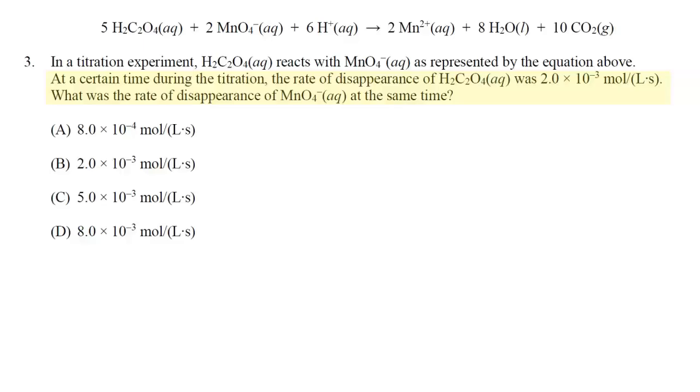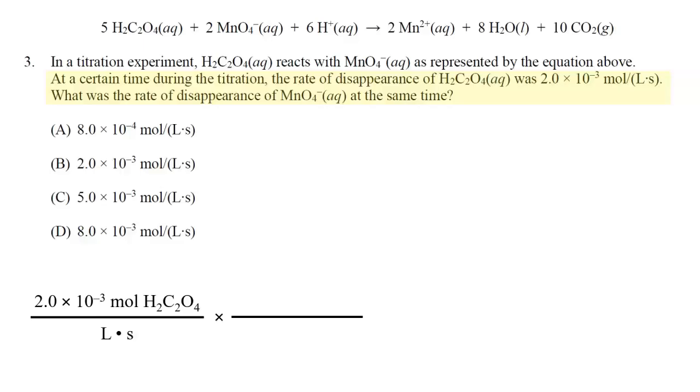Let's start with writing the rate that we're given for the rate of disappearance of oxalic acid. So it's 2.0 times 10 to the negative 3, and the units are moles of the oxalic acid per liter per second. I'm going to set up a conversion factor where I put the units I'm trying to get rid of, in this case, moles of oxalic acid on the bottom, and then I'll put the moles of the other chemical, in this case, the permanganate ion, on the top in my conversion factor.